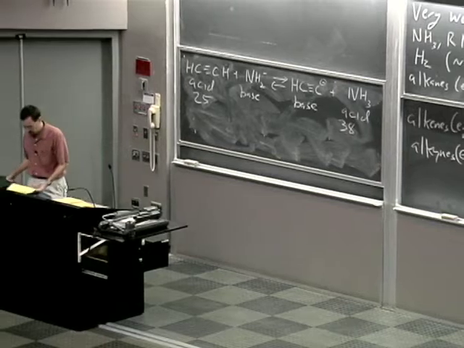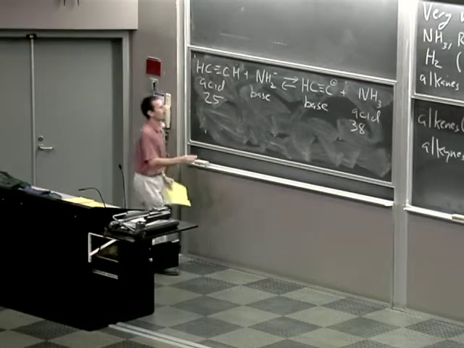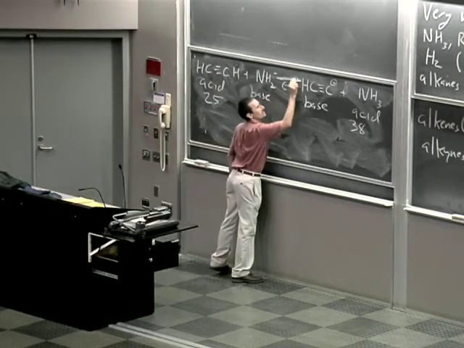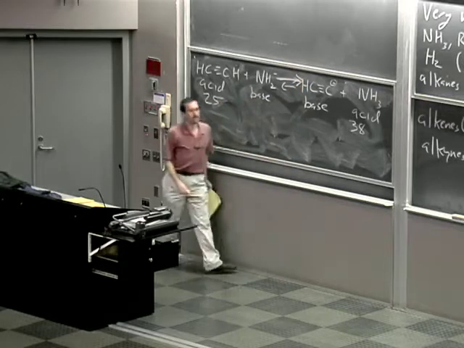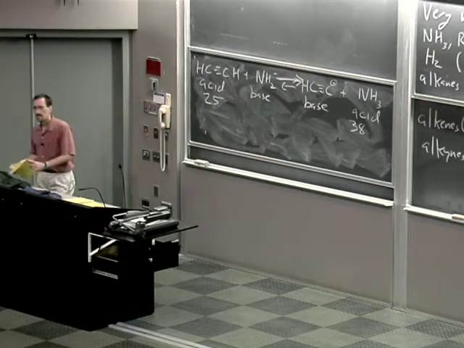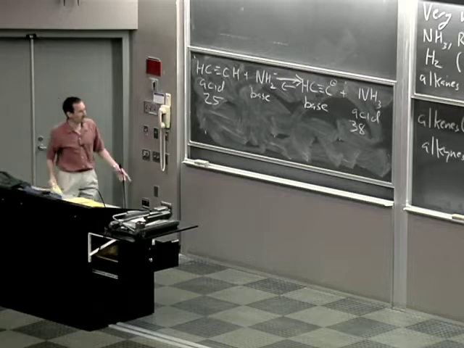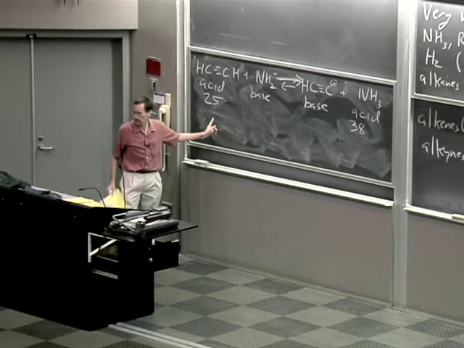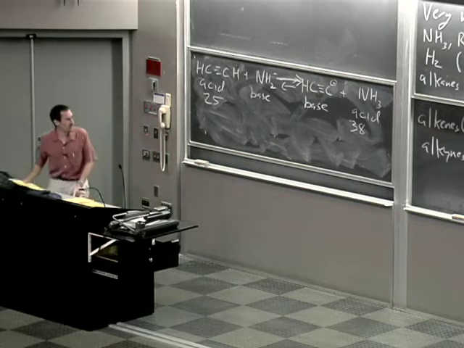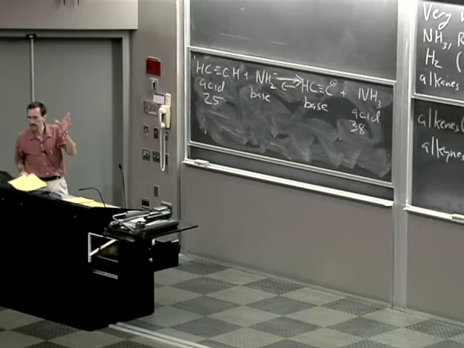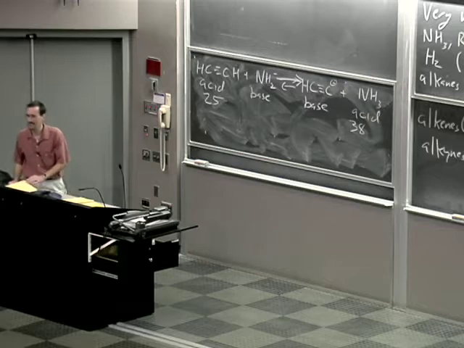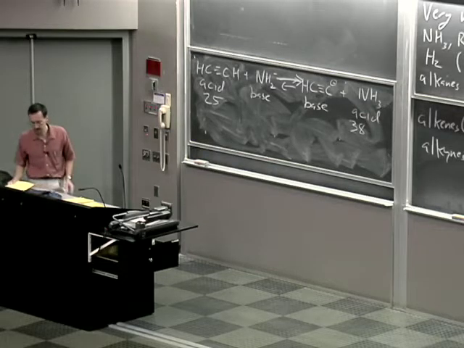Acetylene is thus the stronger acid. This equilibrium lies to the right. And when you have differences in pKa that are substantial, these equilibria lie very far to the right. The position of this equilibrium lies to the right by 10 to the 13th in equilibrium constant.